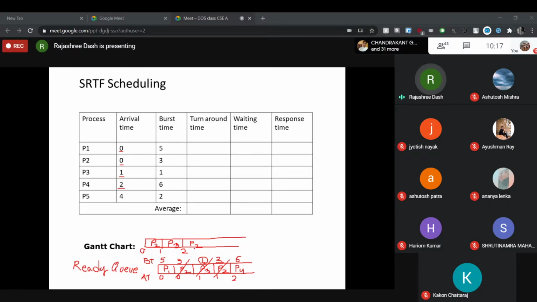Again when P2 is executing, just check at time 4. P2 continues up to 4. At time 4, another process enters the ready queue, that is P5.